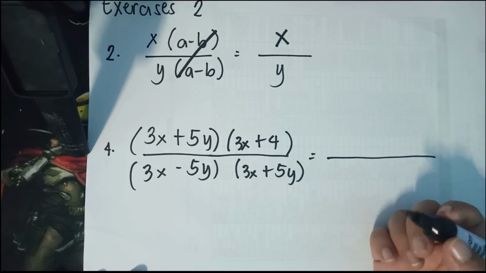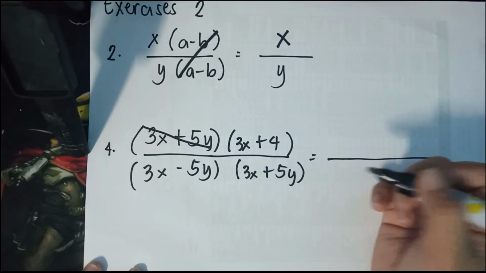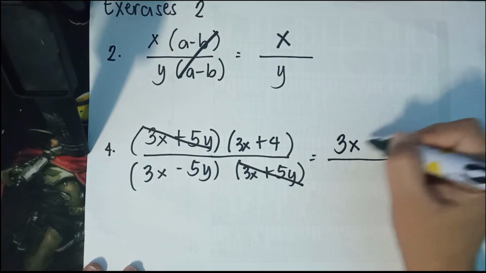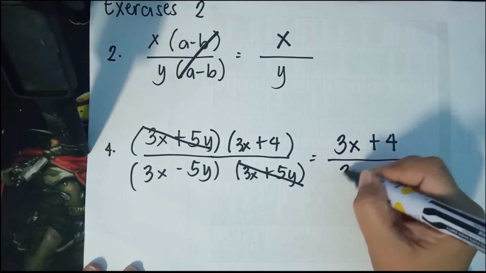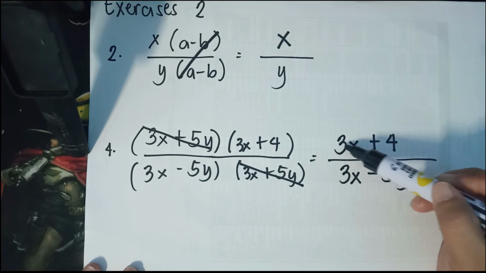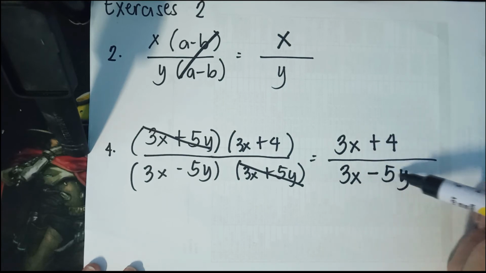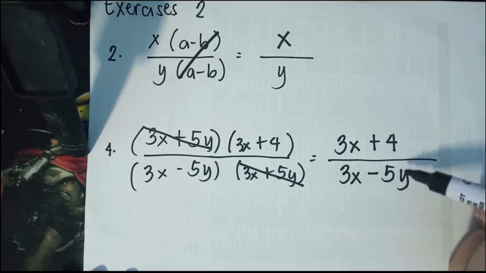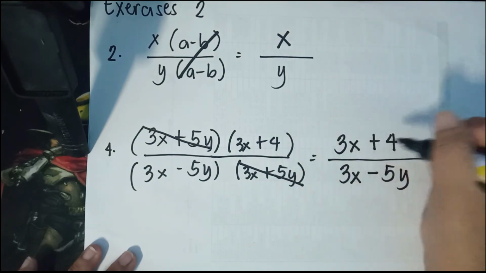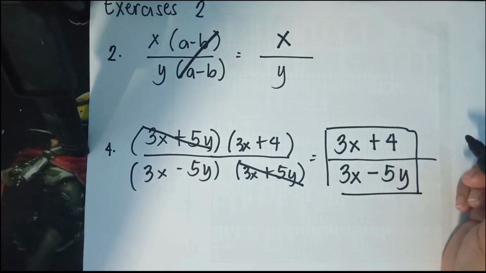All you need to do is cancel out the binomials which are the same, and that is 3x plus 5y and 3x plus 5y. Next, copy the remaining binomials 3x plus 4 and 3x minus 5y. And a reminder, we cannot cancel out 3x and 3x because 3x plus 4 is a binomial and 3x minus 5y is also a binomial. We can cancel out 3x and 3x only if they are monomials. Then our final answer is 3x plus 4 over 3x minus 5y.